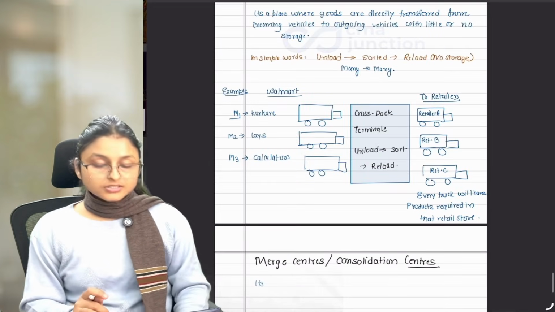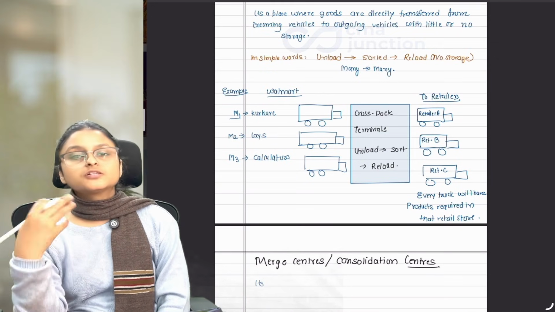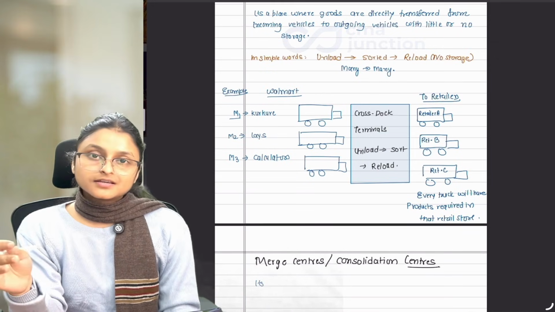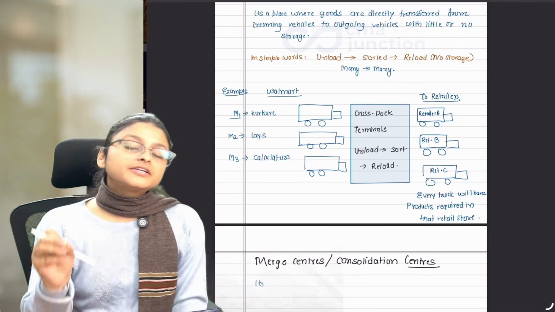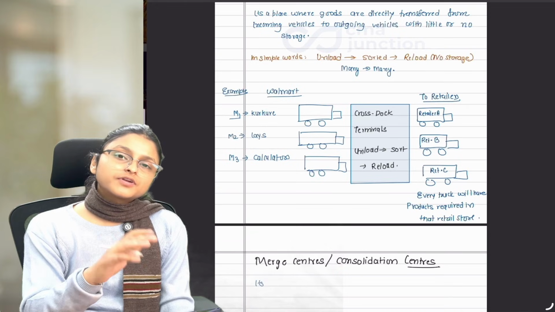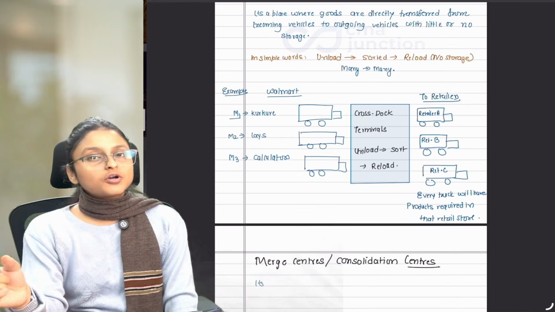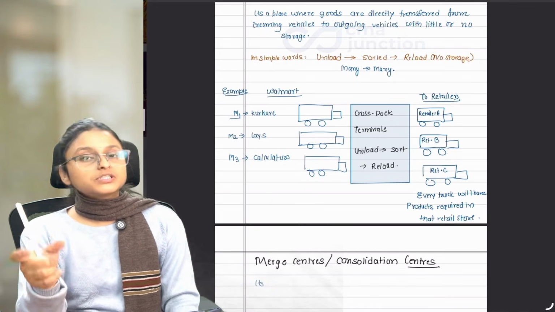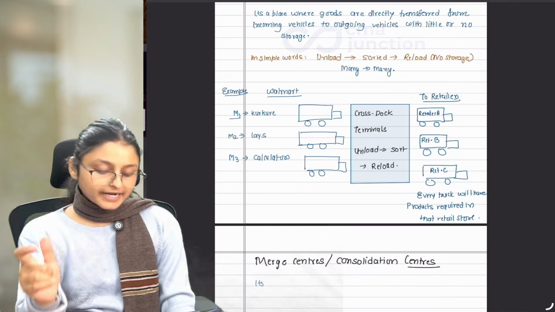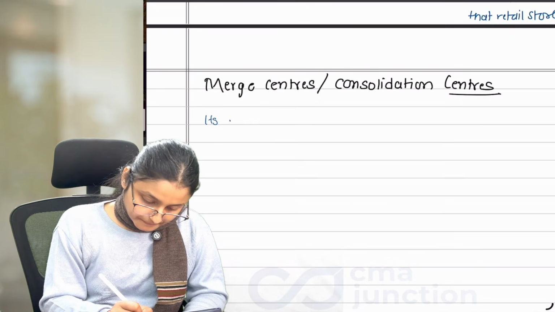See, cross-dock terminals, merge centers or break bulk terminals, all of them are places where a particular activity happens. Like in cross-dock, we transfer goods from one place to another by unloading them, sorting them and reloading them without storage, right? Similarly, merge center is also a place.